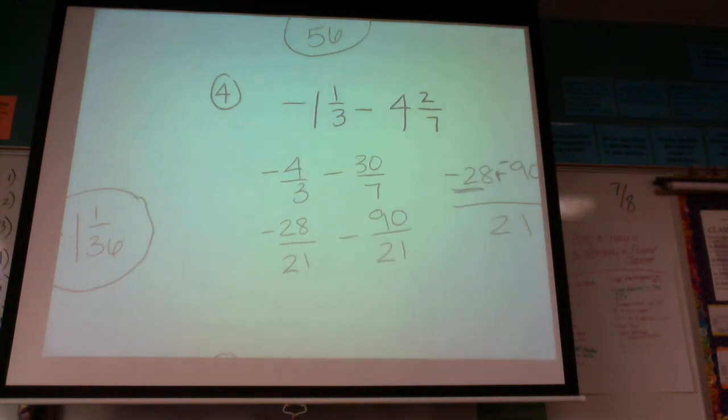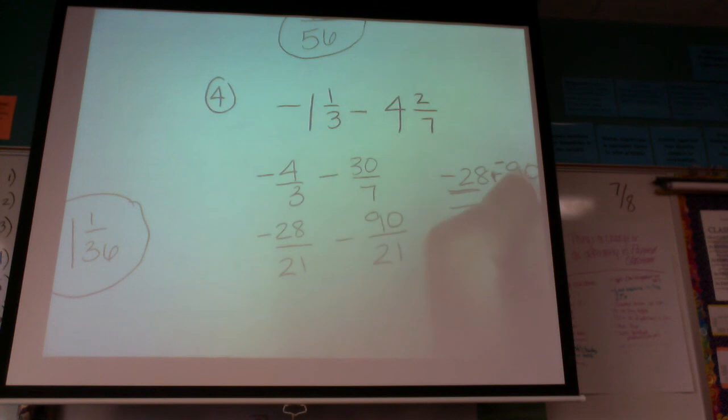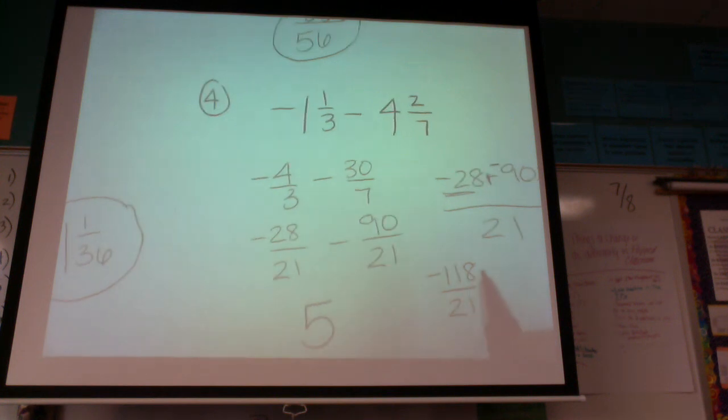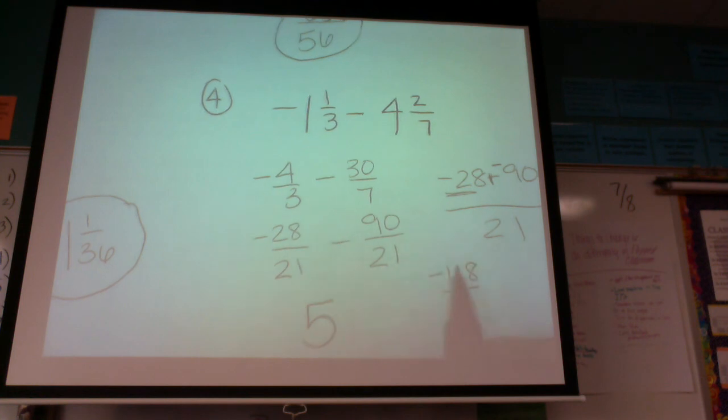So 28 plus 90 is going to give me 118, and it's negative. How many whole times can 21 go in there? 5 whole times. 21 times 5 is 105. So that's going to be 13 left.